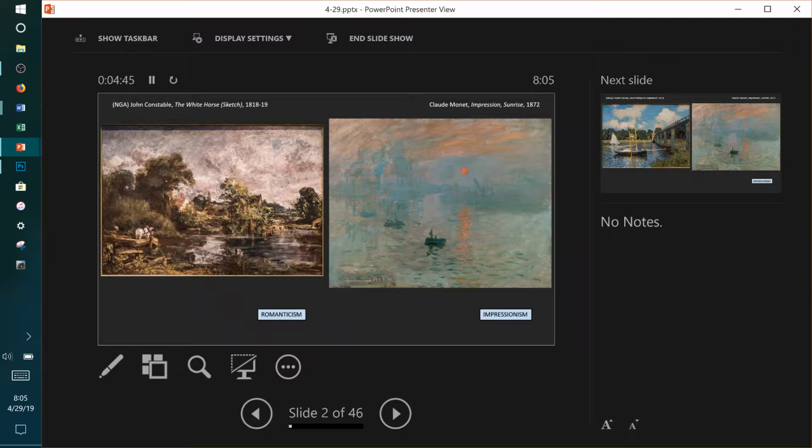Constable is interested in the impact of industry by turning his back on it, right? By looking for a simpler way of life where industry hasn't affected anything. And Monet's picture is really similar. It's kind of romantic in outlook in a way. Romanticism doesn't just go away, you know? Those ideas kind of hold on in some people's minds. And Monet has gone back home, like Constable did, right?